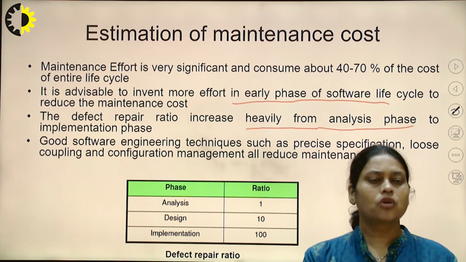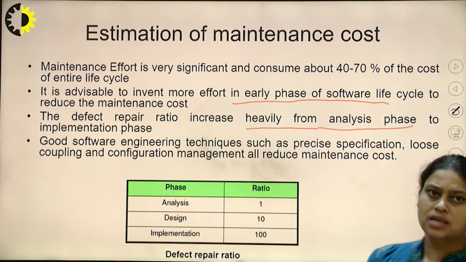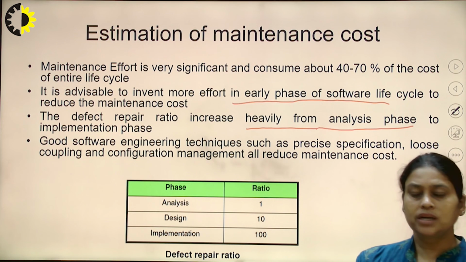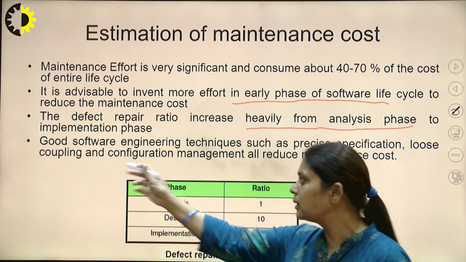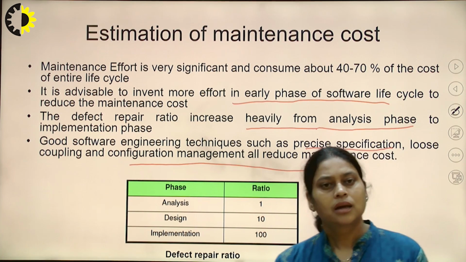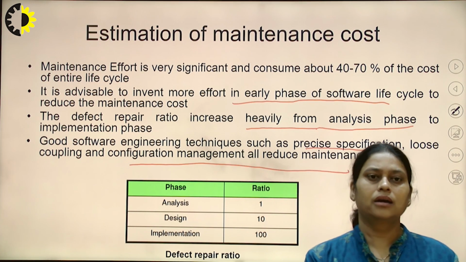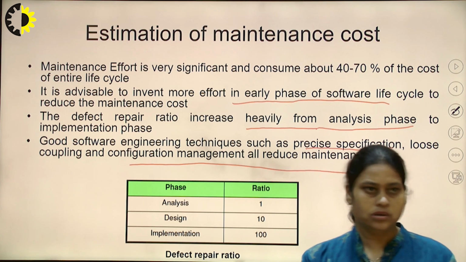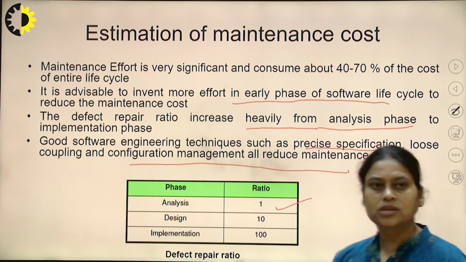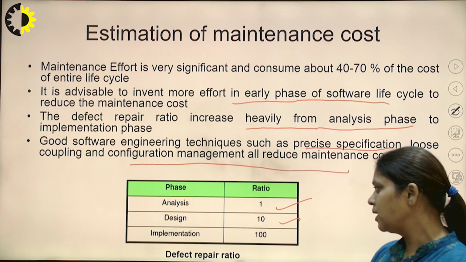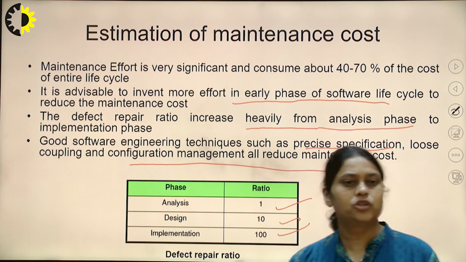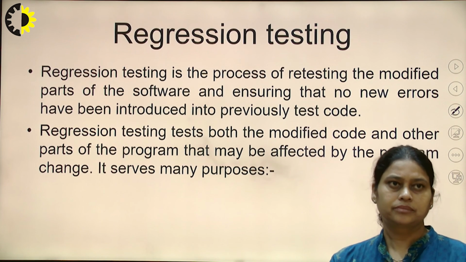So good software engineering techniques such as precise specification, loose coupling, and configuration management, if we apply these methods during the development process, then we can definitely reduce the whole maintenance cost. At the time of analysis, the ratio is 1. At the time of designing, the ratio is 10, and at the time of defect repair the ratio is 100.